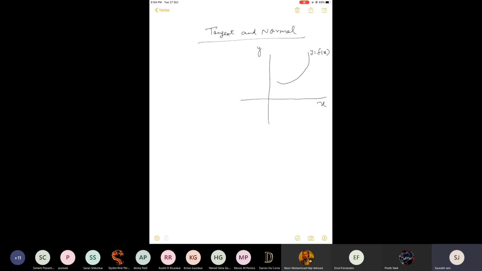Ultimately, dy by dx is in use. So once again, it is an application of derivative, or dy by dx.